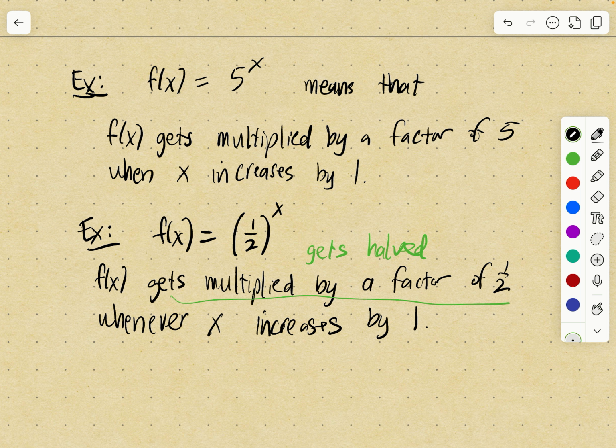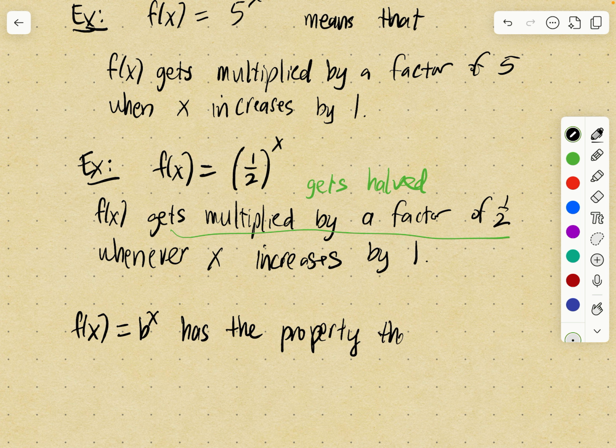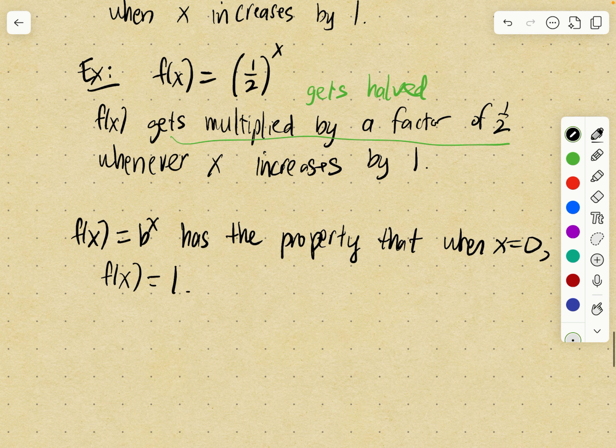Now remember, f of x equals b to the x has the property that when x is 0, f of x is 1, because b to the 0 power is 1.